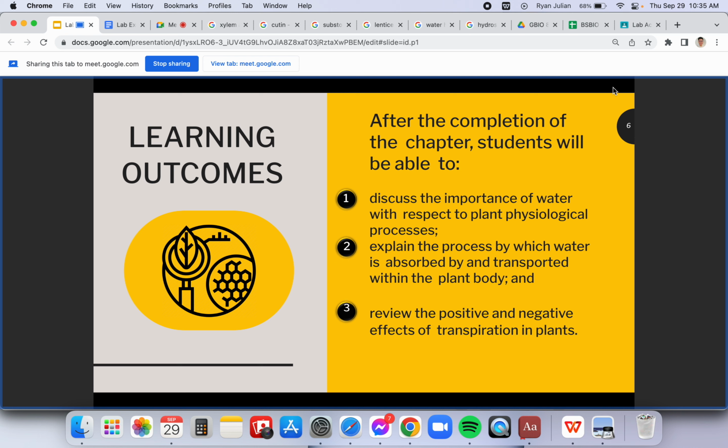After the completion of the chapter, students will be able to discuss the importance of water with respect to plant physiological processes. Number 2, explain the process by which water is absorbed by and transported within the plant body. And for the third one, review the positive and negative effects of transpiration in plants.